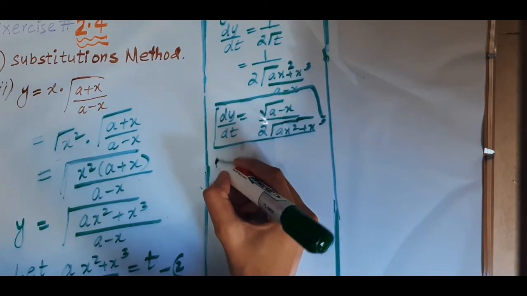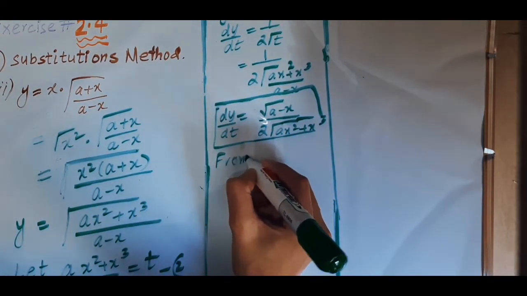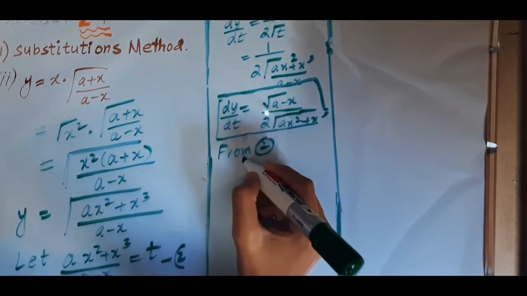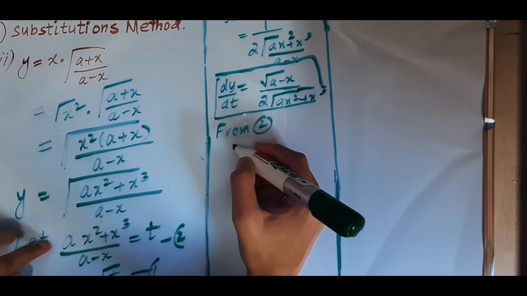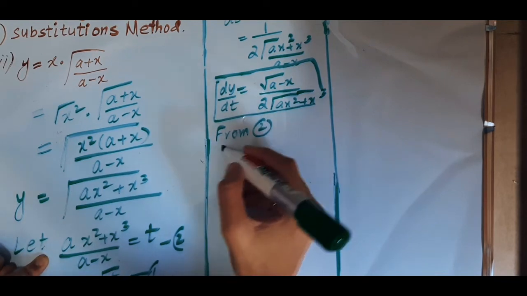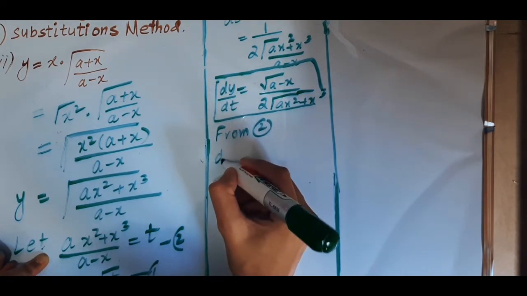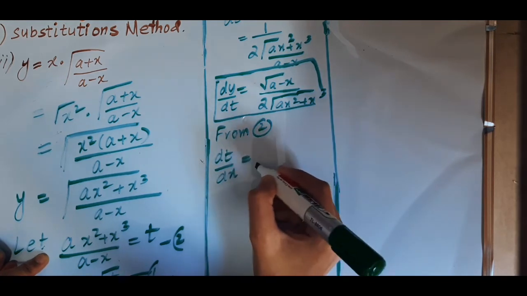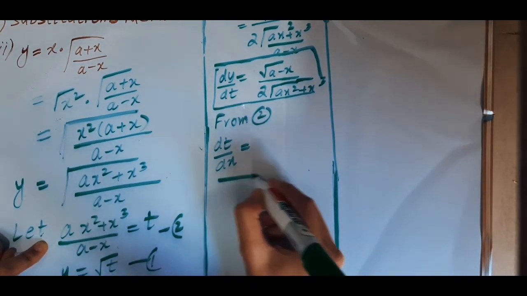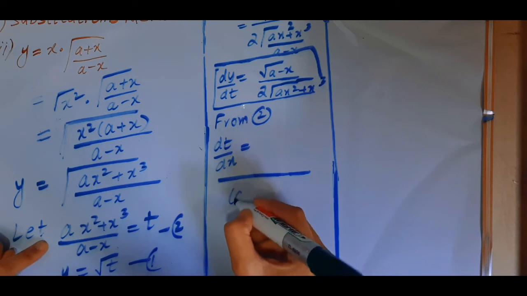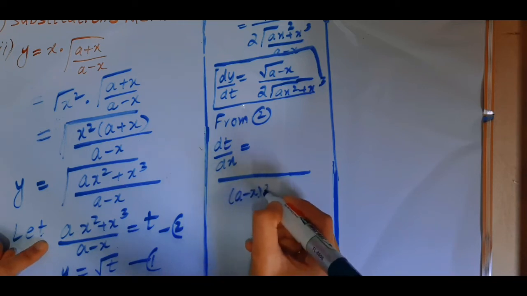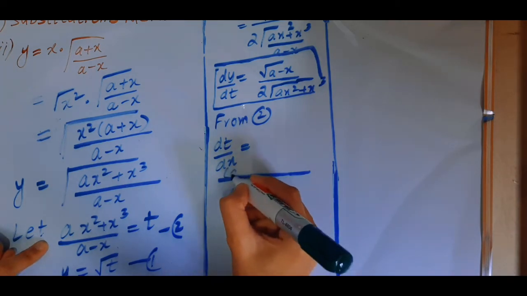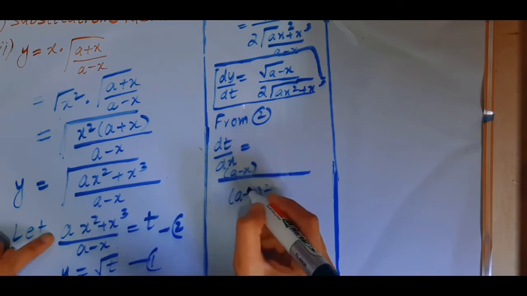So this is the first answer we get from solving equation number 1. Now we will use the second equation. From 2 we have this equation, we can solve dt over dx by the quotient rule. Quotient rule is denominator squared, a minus x whole square, denominator as it is, times the derivative of the numerator.